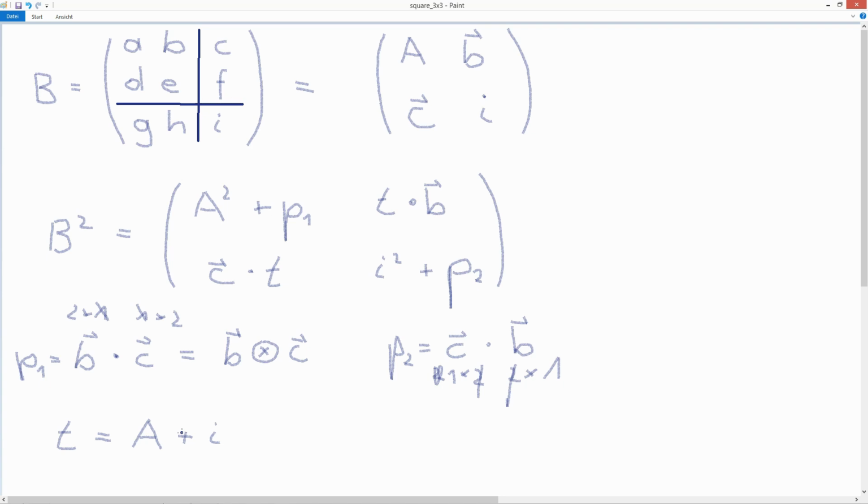So we have to multiply the scalar I with another matrix. This matrix is the unit matrix E2.